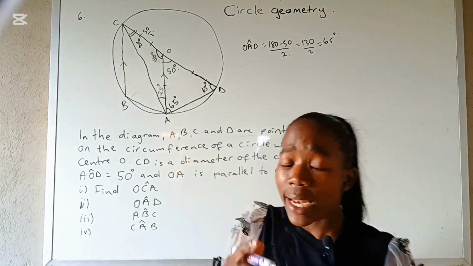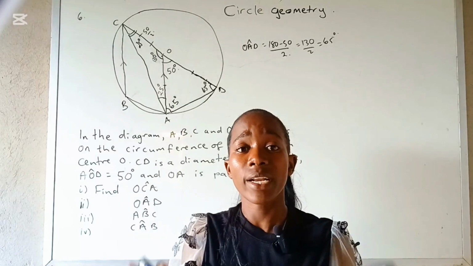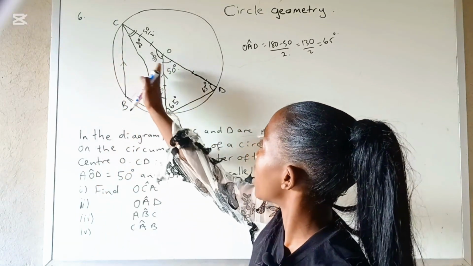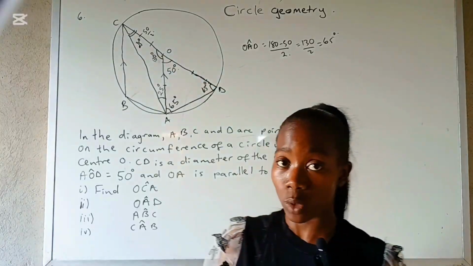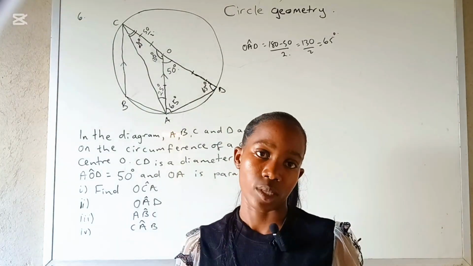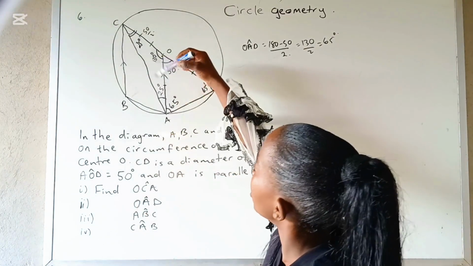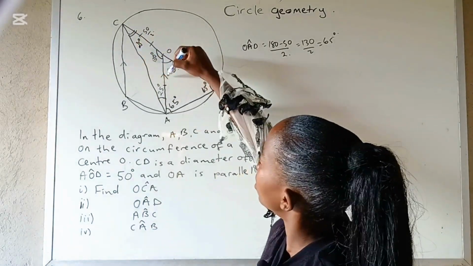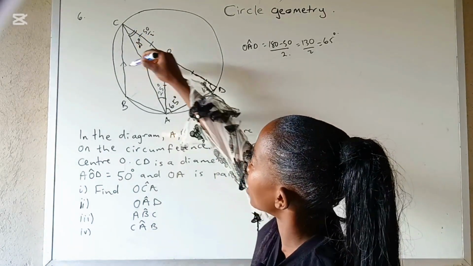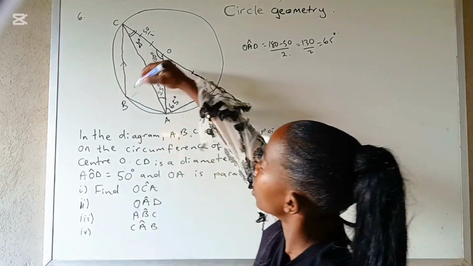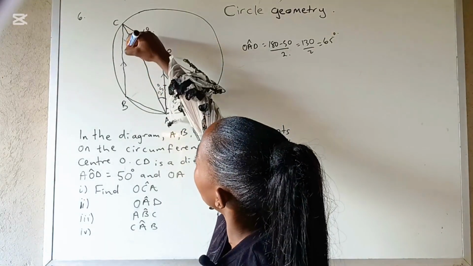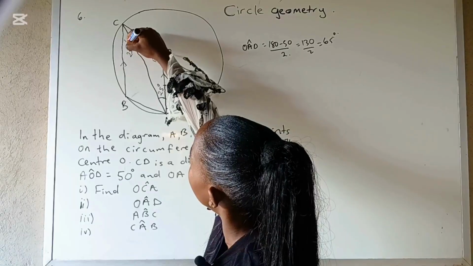Then we can apply angle theorems, which say that if these lines are parallel, we have what we call Z angles, right? So these Z angles, like we have this line and this line, these marks mean they are parallel, which means on this Z angle we have 25 degrees and we have 25 degrees.